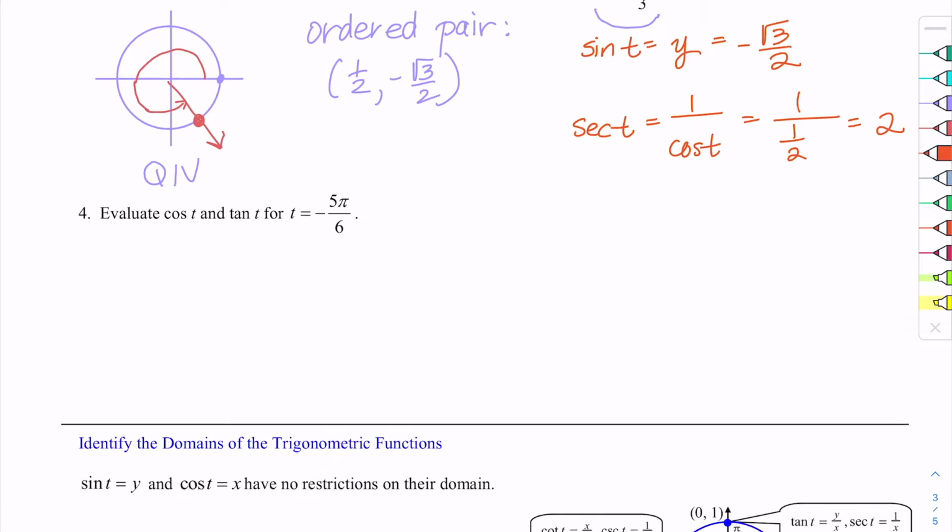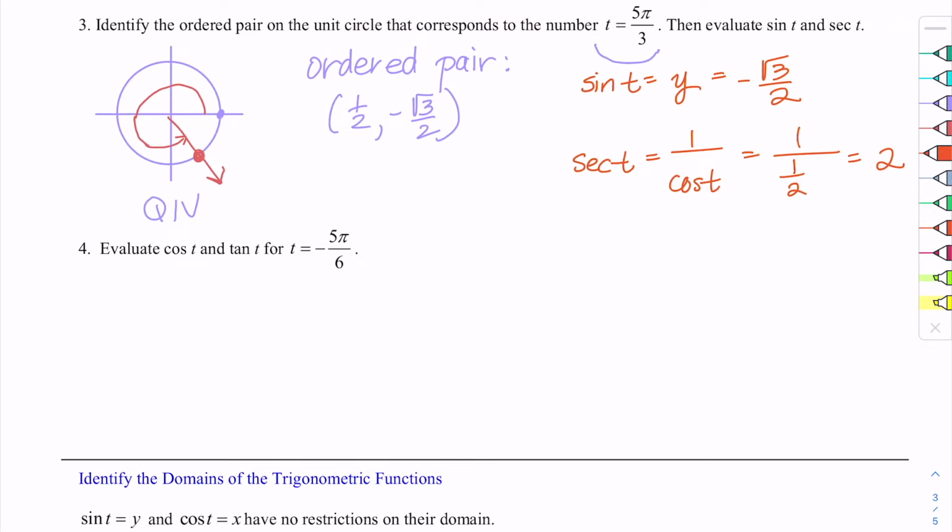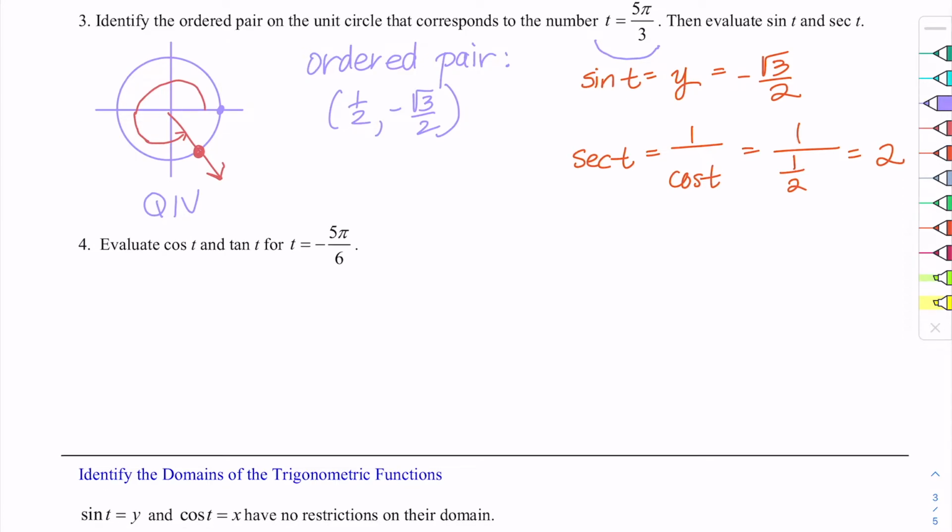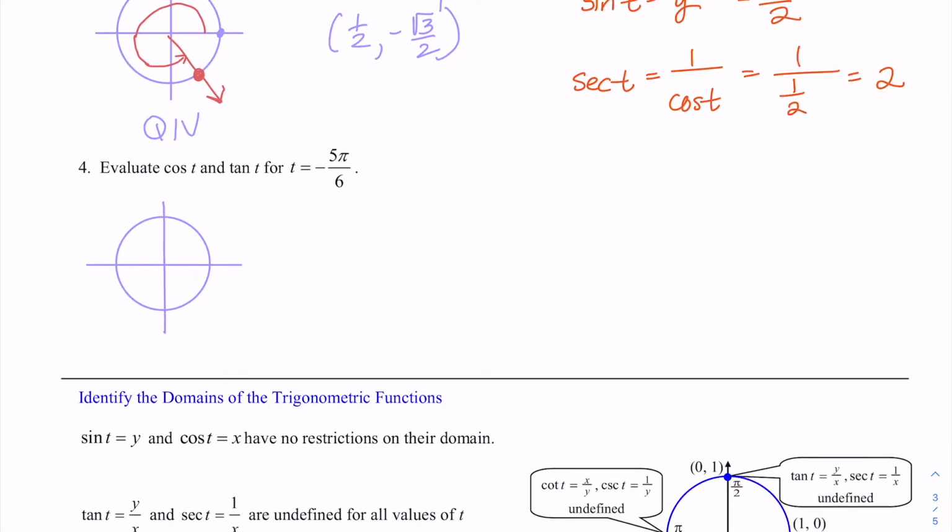So if you go ahead and make a little unit circle here, and now we have the opposite of 5π/6, so let's come around the unit circle this way, almost to 6π/6, but not quite. And here's our point on the unit circle.